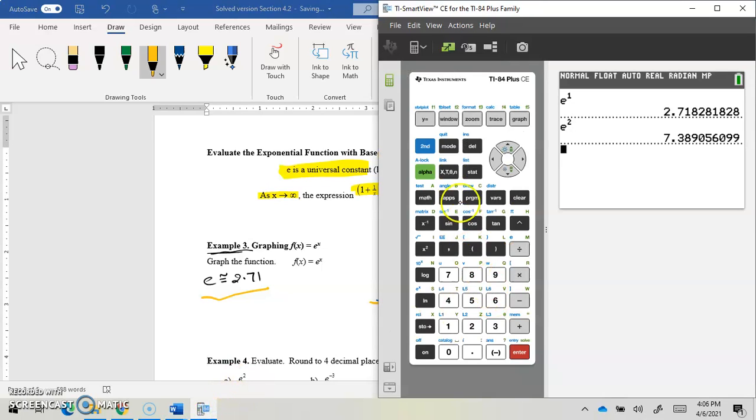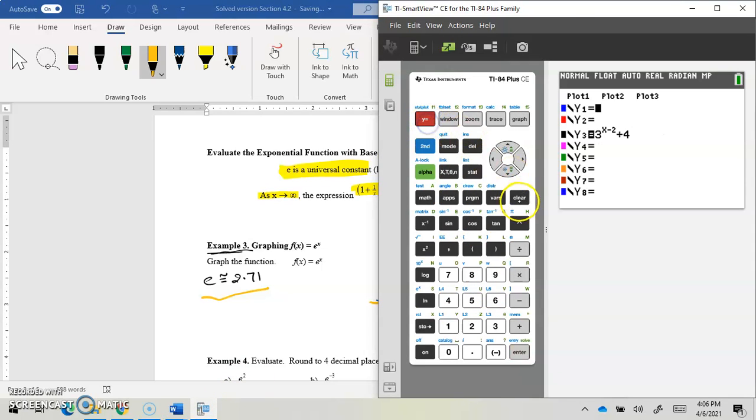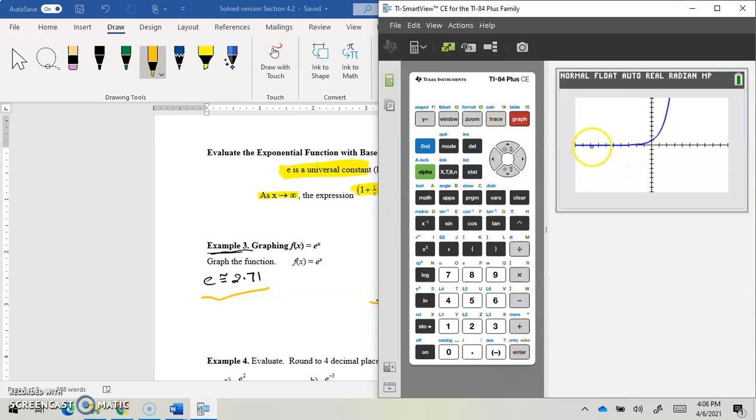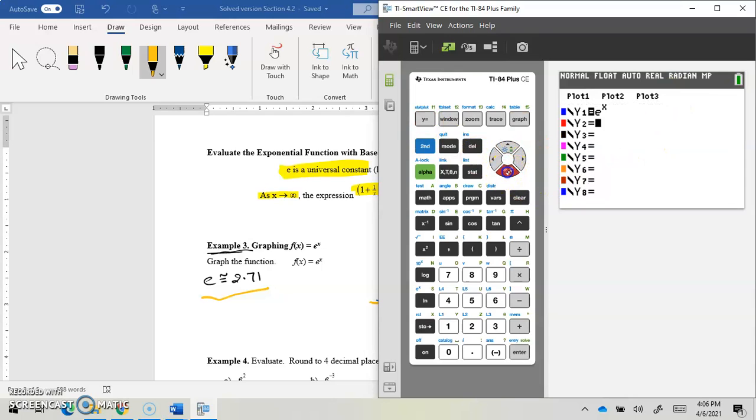And if you want to use calculator, you can simply in y, clear what you have before. In y1, you can write second, press natural log, that will get you e, write the variable x, enter, graph. So that is your e raised to power x. And I actually want to show you its position.